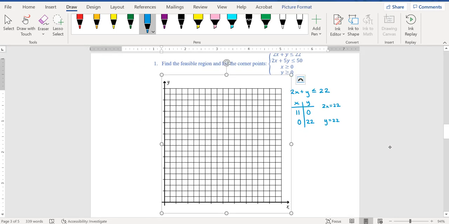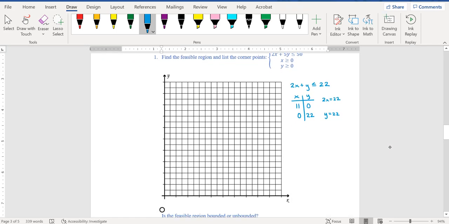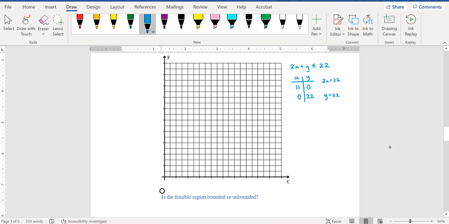All right, so here we go. X has to be 11, y has to be 22. Okay, so I'm going to let each one be 2. This is 20.